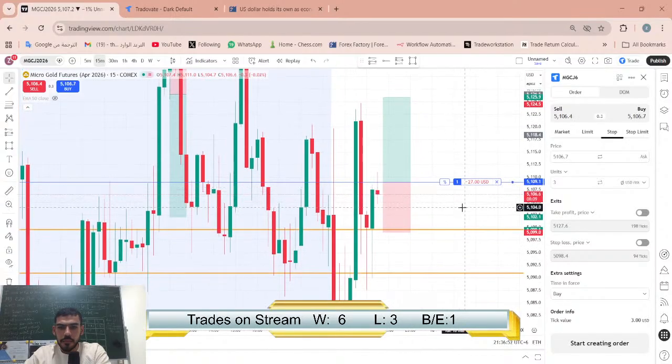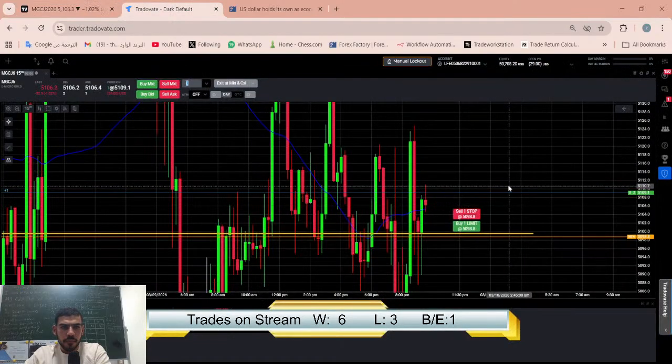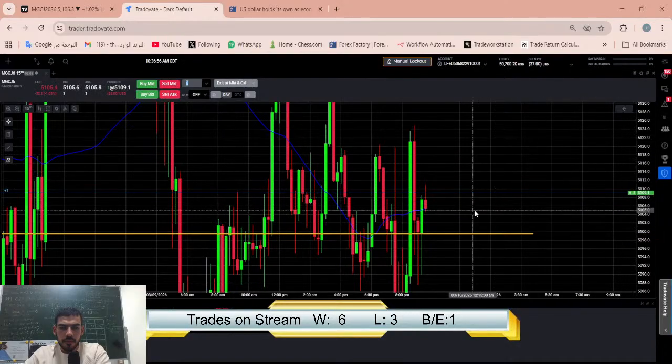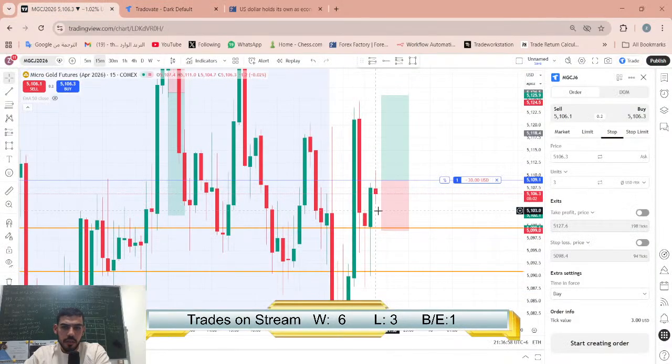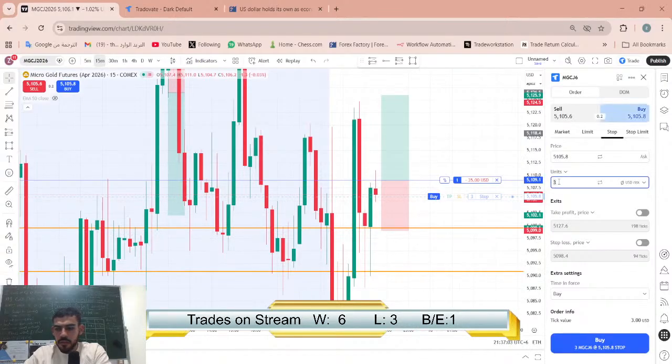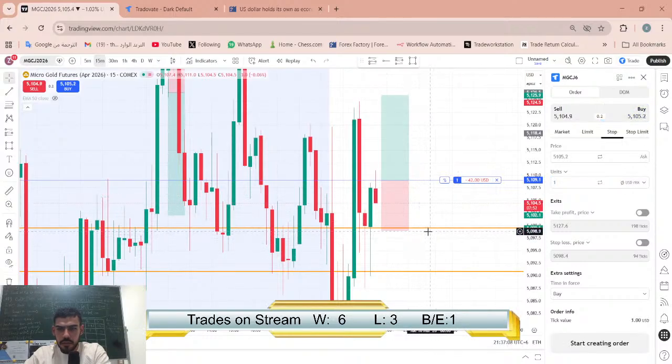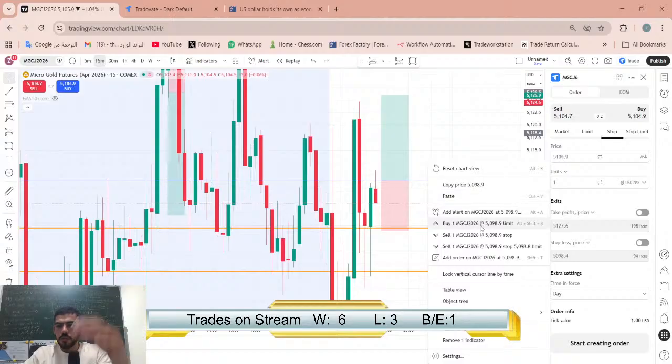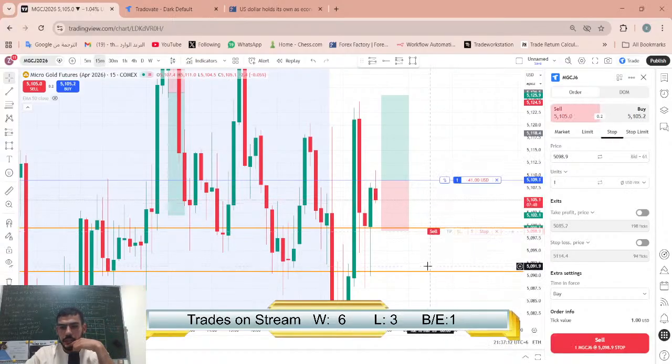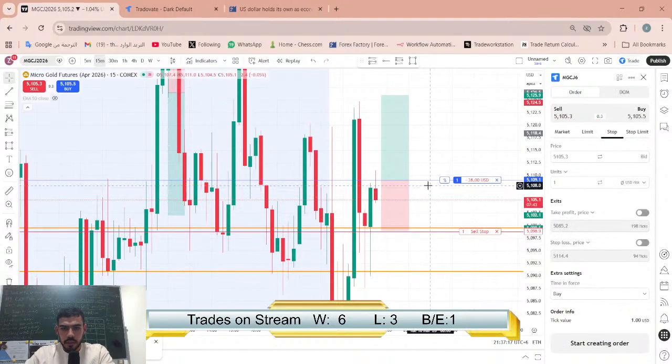Hmm. Okay, so anyways, the stop loss is going to be here. One. For 100 bucks. Sell one stop. Yep, that's it. There is the stop loss. It's about 100 bucks. Yep, about 100 bucks.